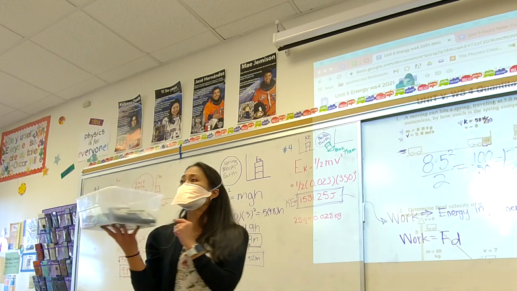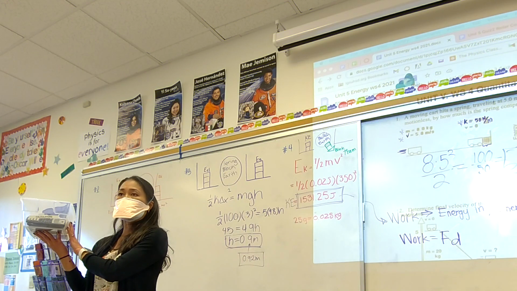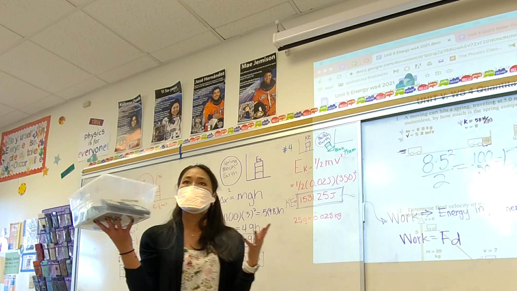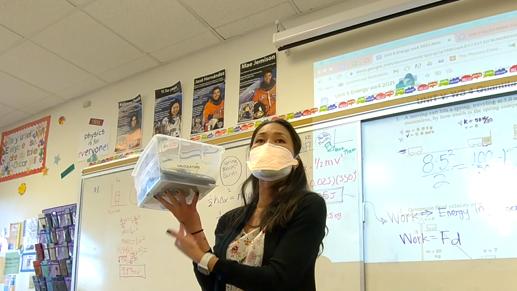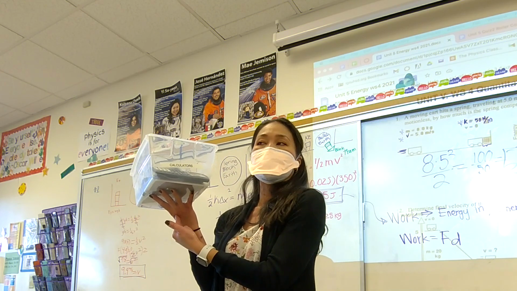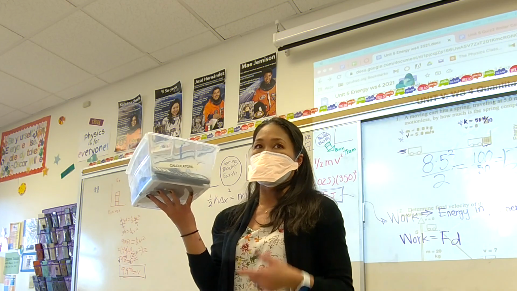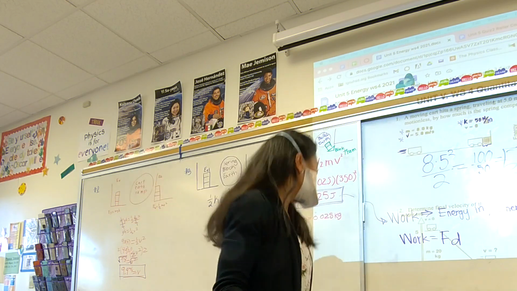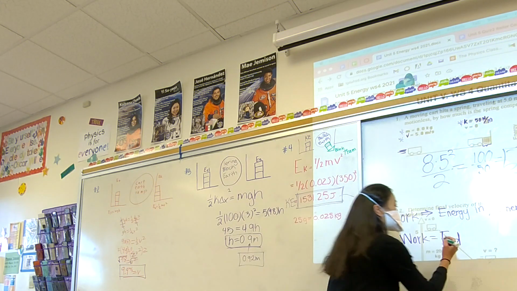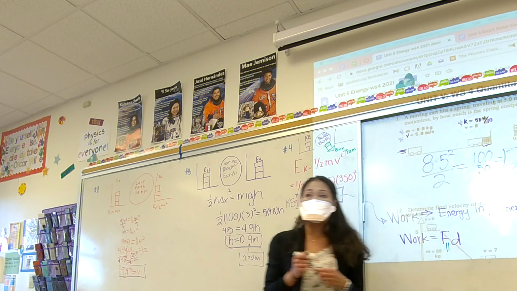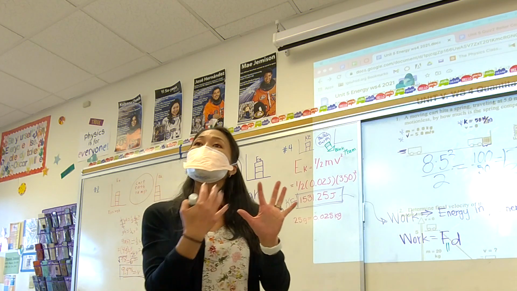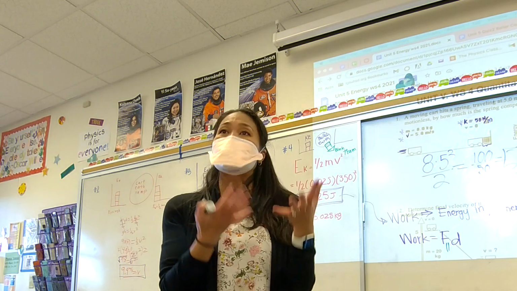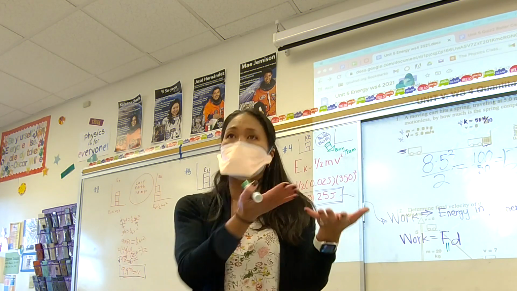There's no change in energy because gravitational potential energy stays the same. There's some kinetic energy, but it's not due to the force of my hand. So in this case, work is only done if force and distance are parallel to each other. If the force you exert actually moves an object in that same direction or parallel to that direction.